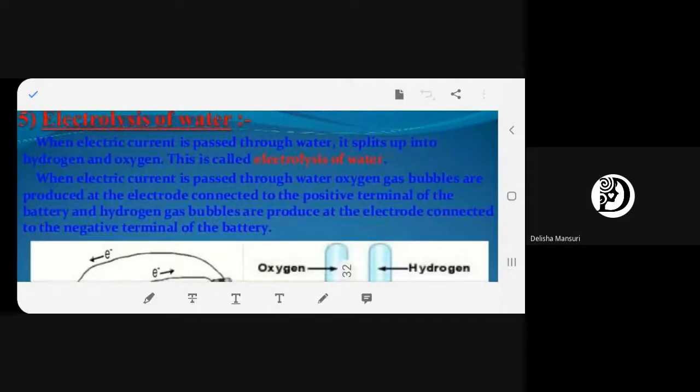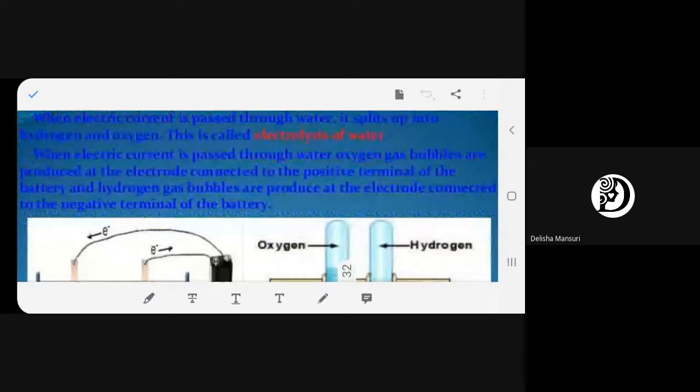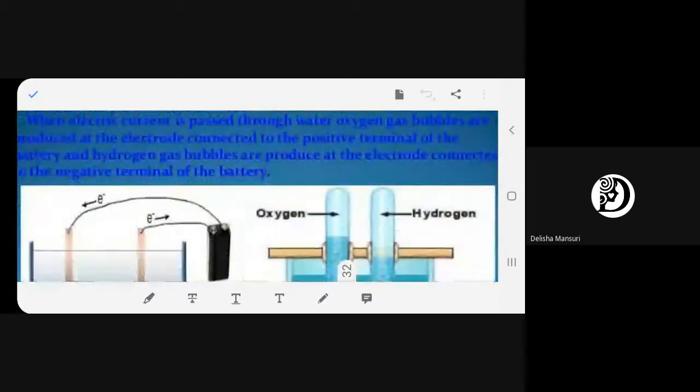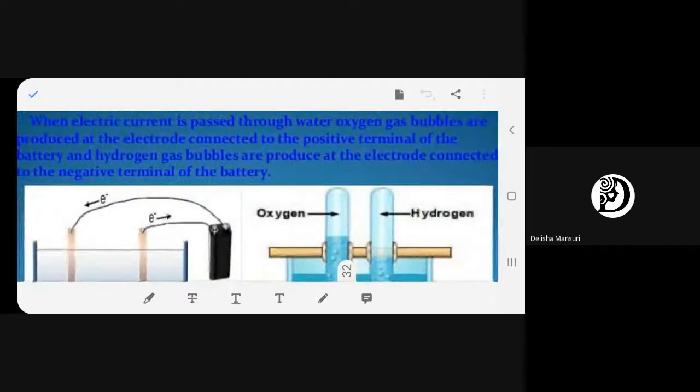This is called electrolysis of water. When electric current is passed through water, oxygen gas bubbles are produced at the electrode connected to the positive terminal of the battery, and hydrogen gas bubbles are produced at the electrode connected to the negative terminal of the battery.